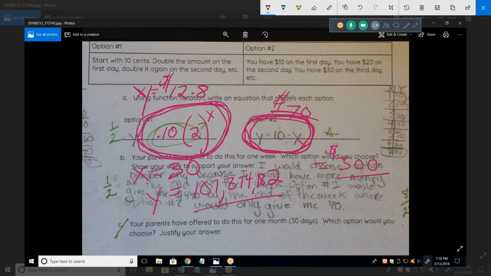But when x was 30 days, my goodness, your parents would have been bankrupt. They'd owe you $107 million, whereas option 2 would have been a mere $300. So that is illustrating the power of exponential growth.